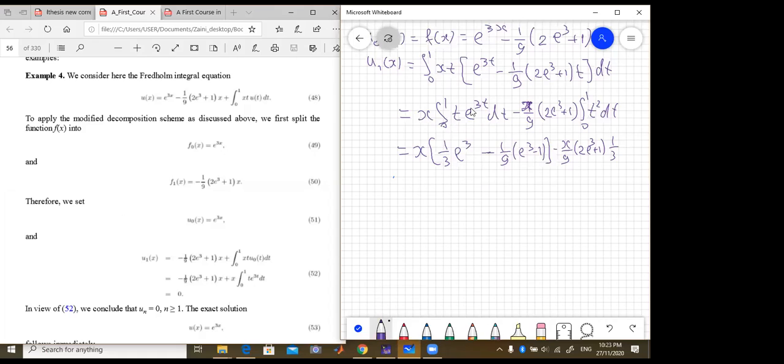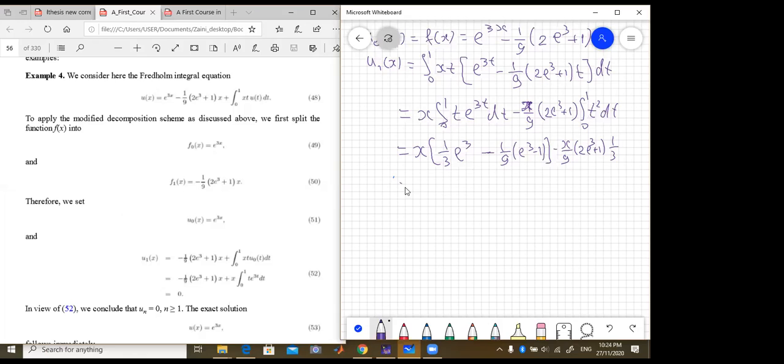Because this should be the real value, minus x over 9, and this is 1 over 3. So this one has 2 values, this one 1 value.